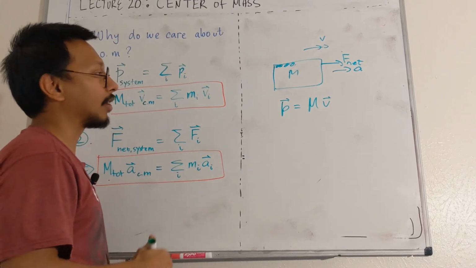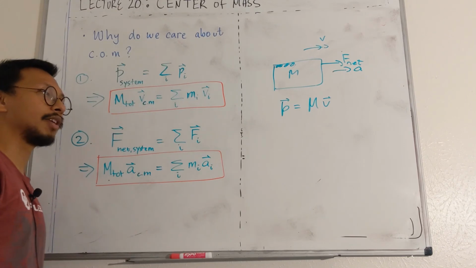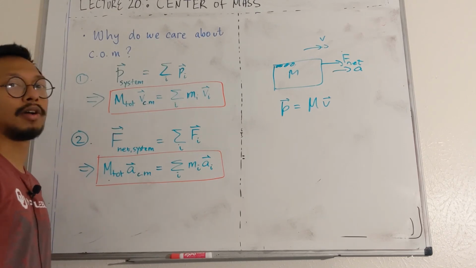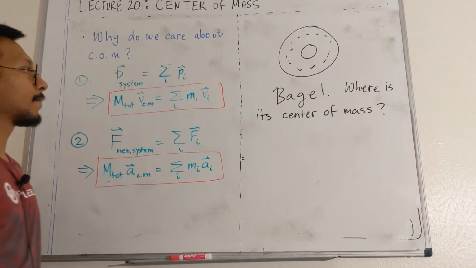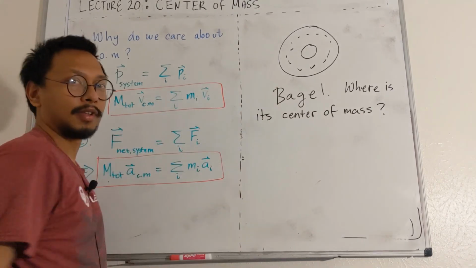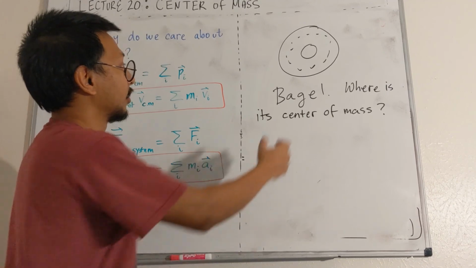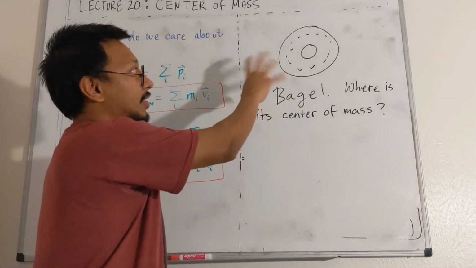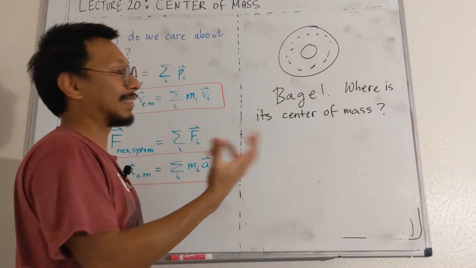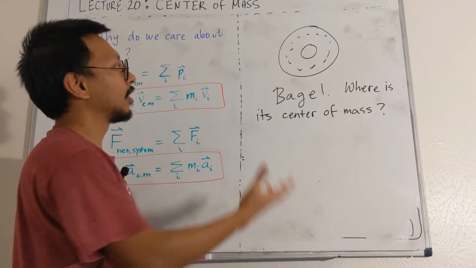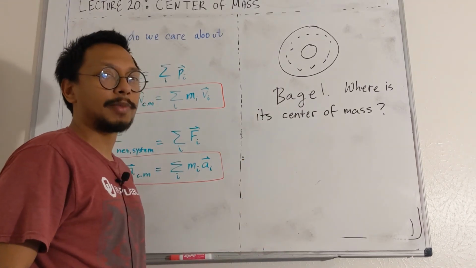Now let's look at another example which gives me a different idea on center of mass. Let's examine a bagel. Maybe you like bagel, maybe you don't, then you're like me. But however, this is very useful in testing an idea about center of mass. Where do you think is the center of mass of this bagel?